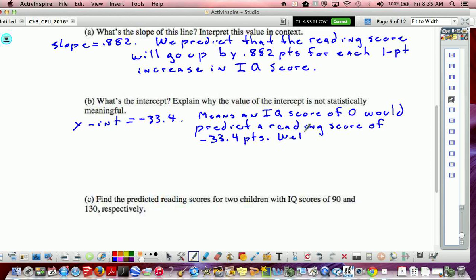Well, since reading scores should be 0 or positive, this predicted value doesn't make sense.